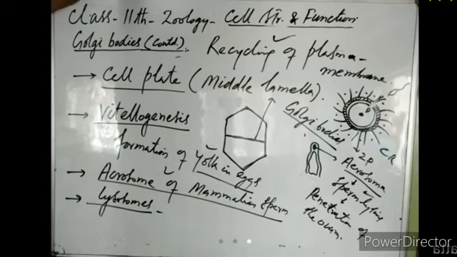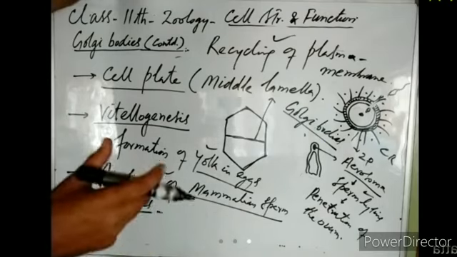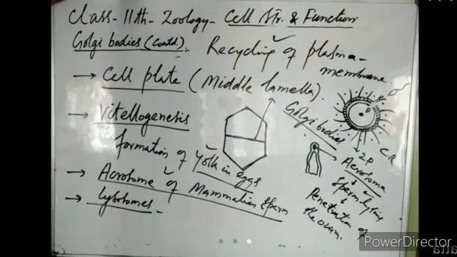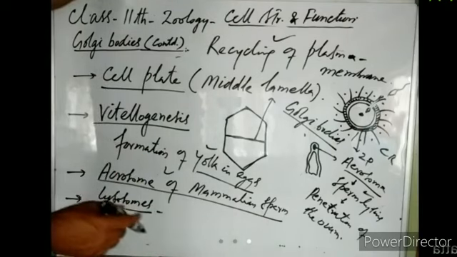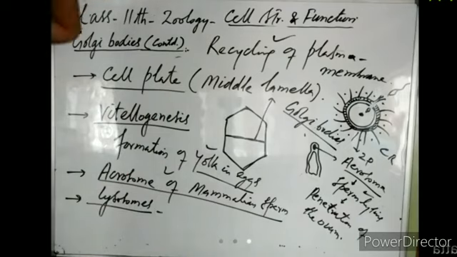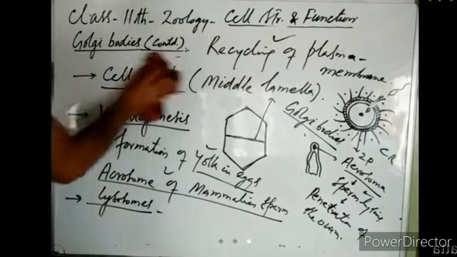Those lysosomal enzymes are packed by the Golgi body into a vesicle which fuses with the endocytotic vesicle to form the active lysosomes. So formation of lysosomes is also facilitated by the Golgi body. So these are functions of the Golgi body. So that is all about Golgi bodies. Now after the Golgi body, we are going to discuss another cell organelle.